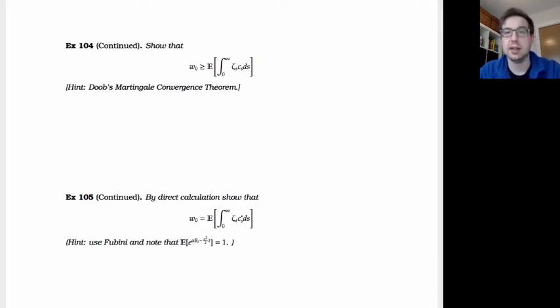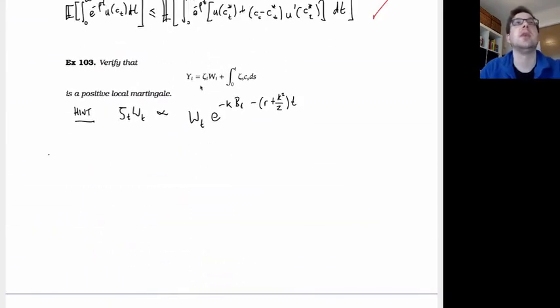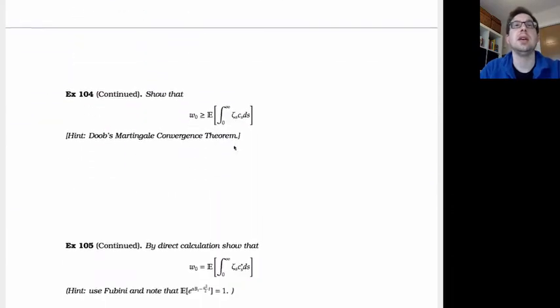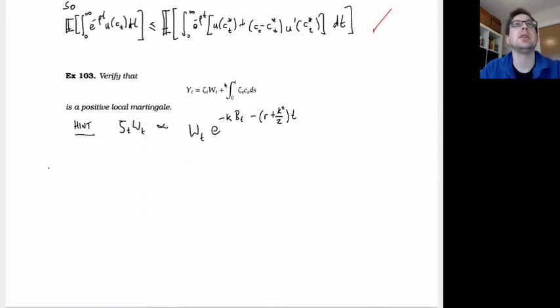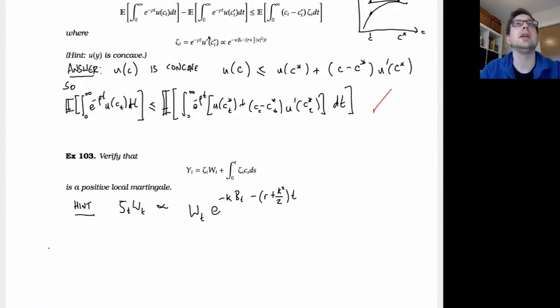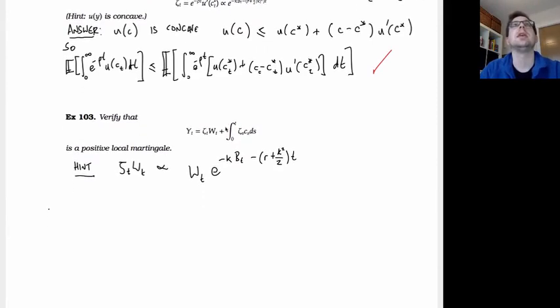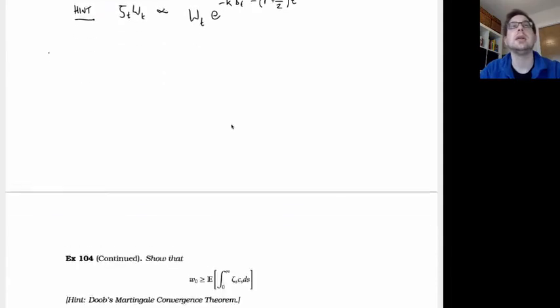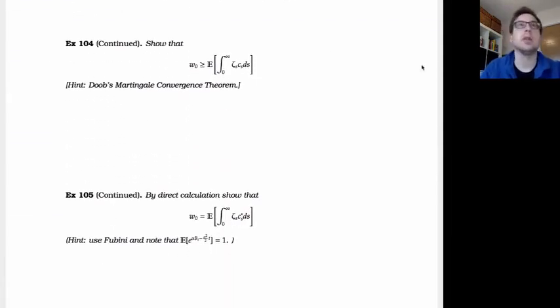Here we can notice that if I look at my function y from here, if I start from 0, this is 0, and I'm just going to get w of t times zeta of 0, which should be equal to 1, and the initial rate of consumption we can probably check is equal to 1 as well.